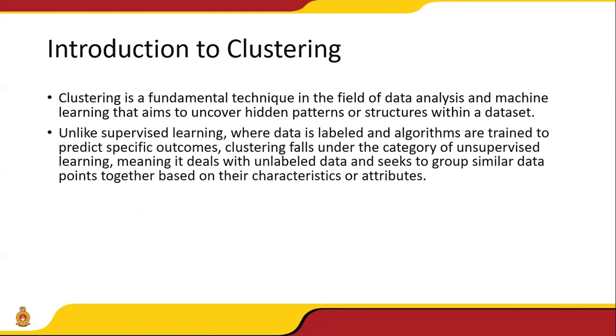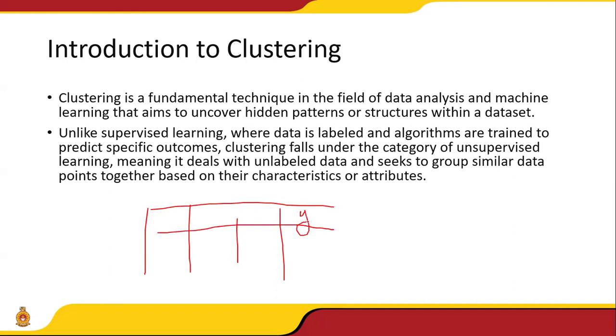Unlike supervised learning, where the data is labeled and algorithms are trained to predict specific outcomes. That means once it comes to supervised learning, we have specific outcomes. We expect to have this output, as we already learned. With supervised learning, we have a feature set, and then we have a specific output, right?